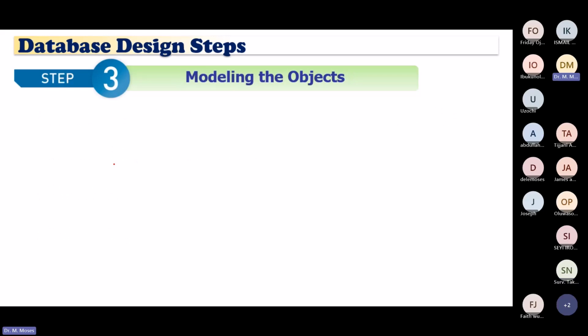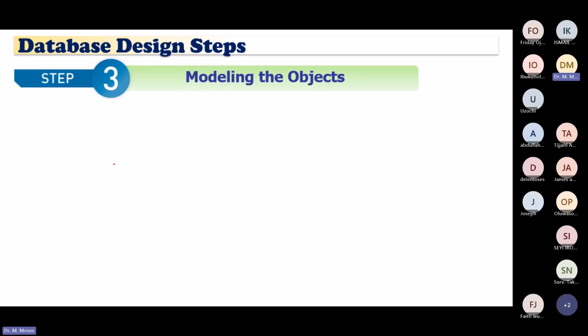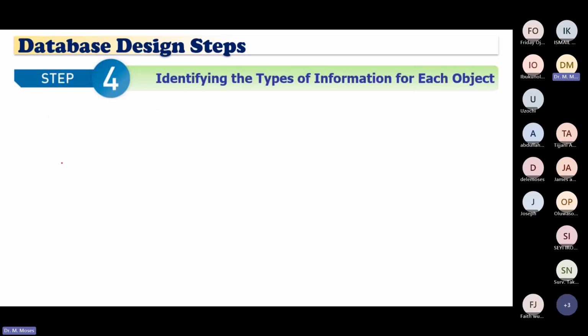Once you identify the object, either tangible or intangible, the next step is to model the object, whereby we record the object in a way that represents the system visually, using, for example, the entity relationship diagram we talked about. The next is to identify the types of information to be stored for each object.